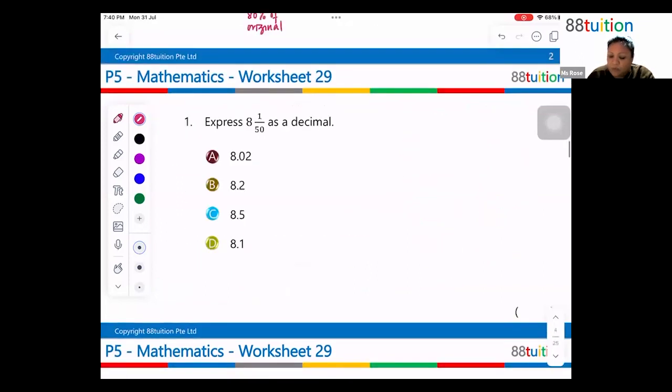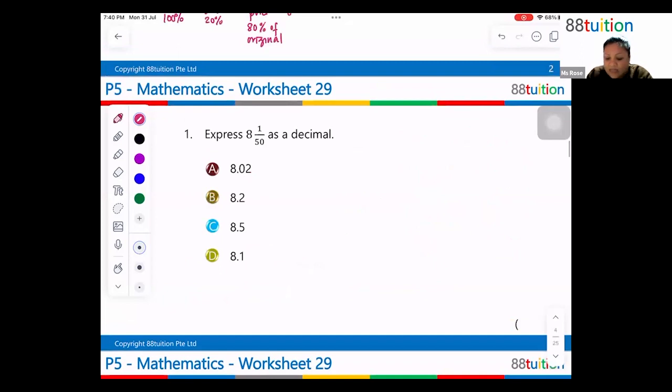Now, question 1. This is converting from fraction to decimal. Actually, nobody should get this wrong, but I have one person who did. When it comes to decimal, it is always good to ensure that your fraction has its denominator converted to what?